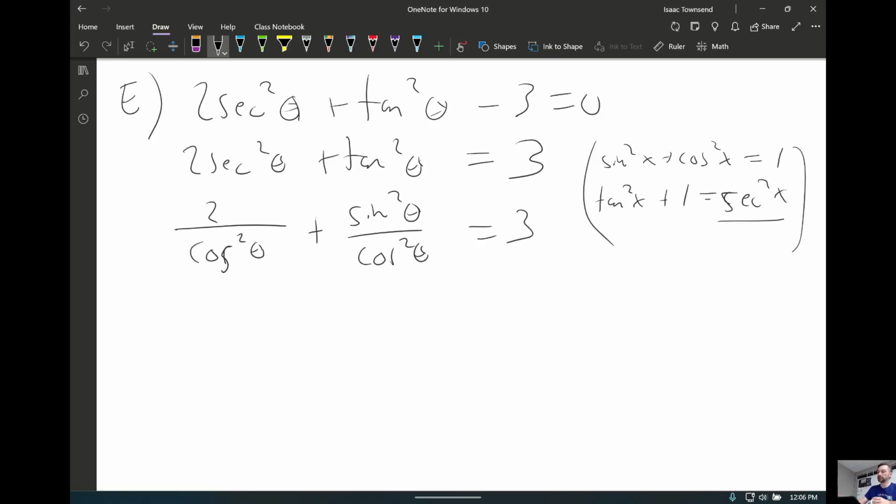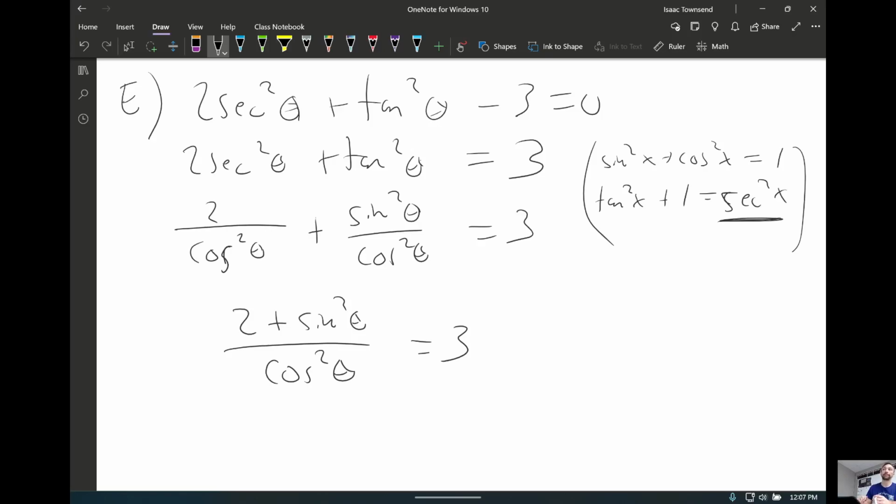So I was thinking to either replace secant squared with tangent squared plus 1, and then I would have an equation that only has tangent in it, or substituting tangent squared with secant squared minus 1, so I only had secant. Again, your way may make more sense. I couldn't tell you yet, but I'm guessing your next step is to add these fractions together. Since there's already a common denominator, that's an easy step to do.